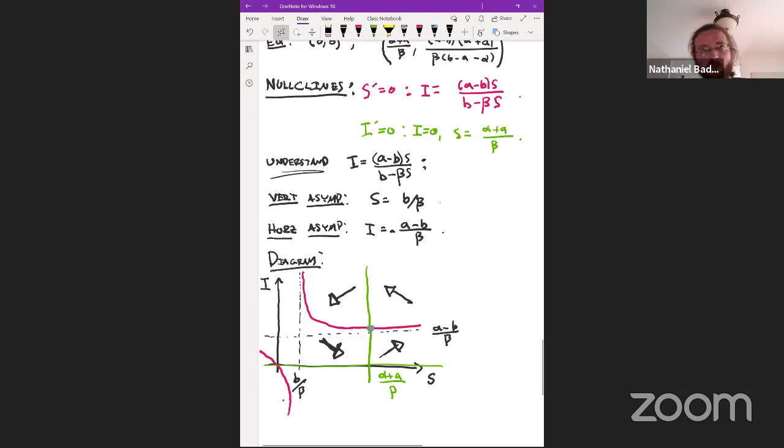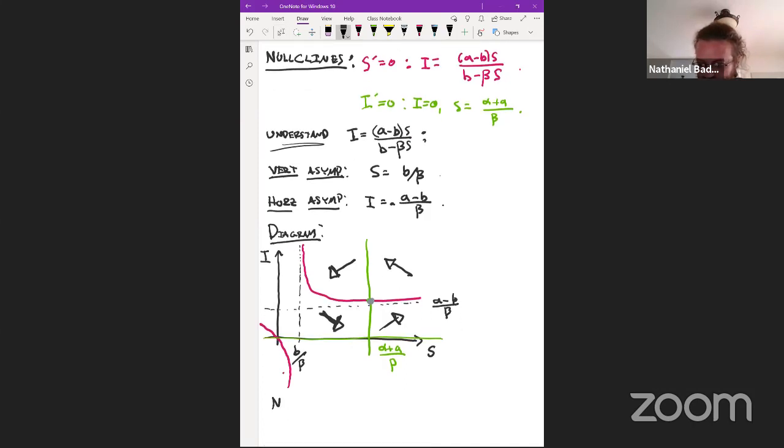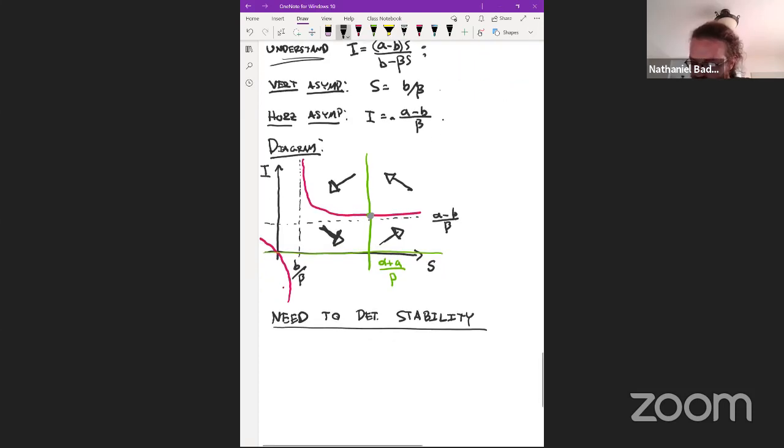But what this is telling us is that we're going to need to determine the stability of this focus, and whether it's a focus or not.